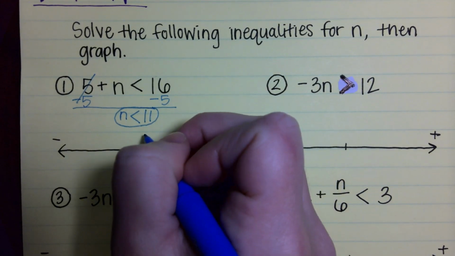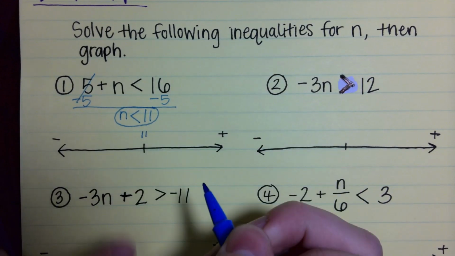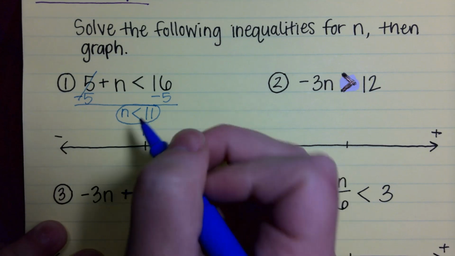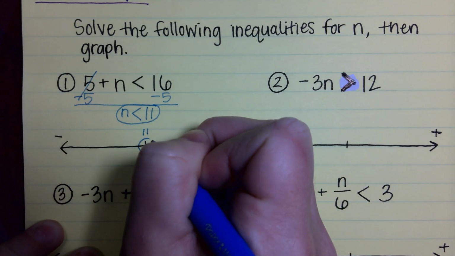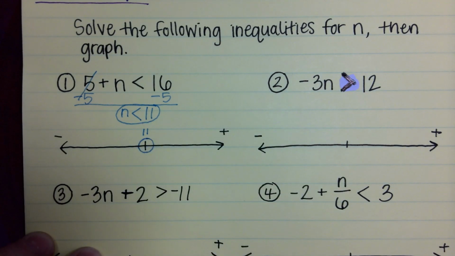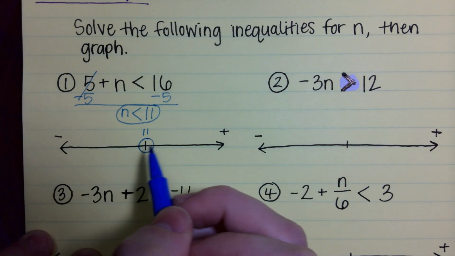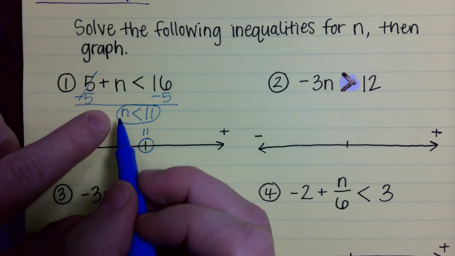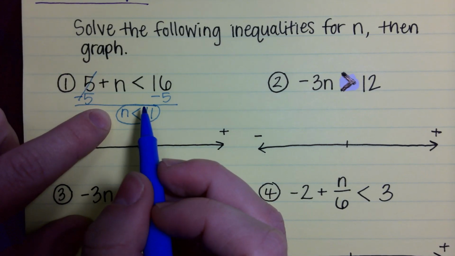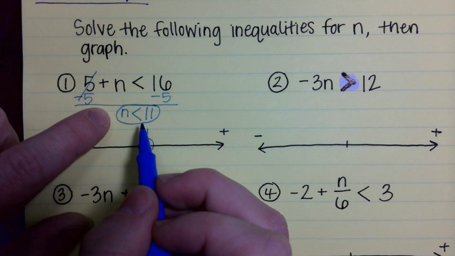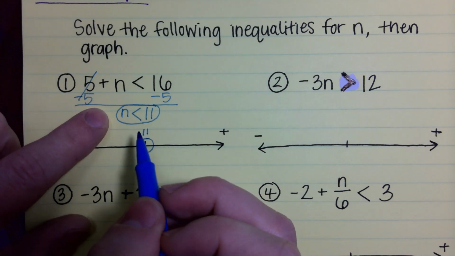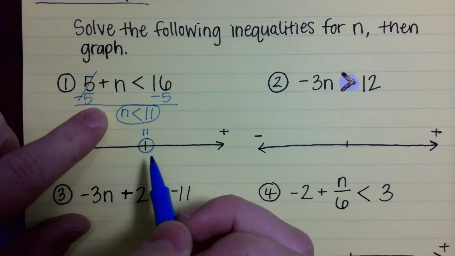I want to put 11 right here, then circle it. Am I going to shade it in or not? No, we don't shade it in because the variable n is only going to be numbers that are less than 11. 11 is not included in that, so we don't color it.